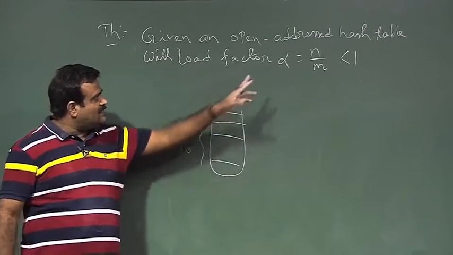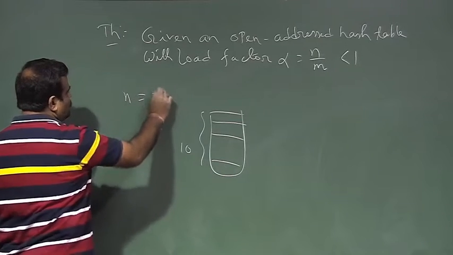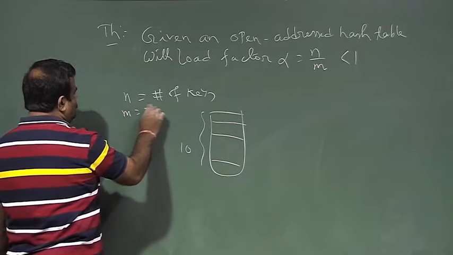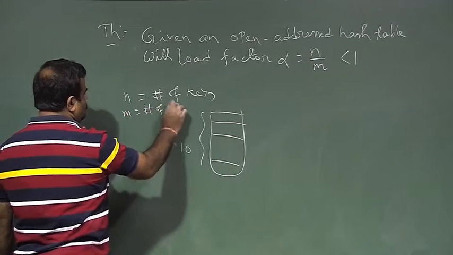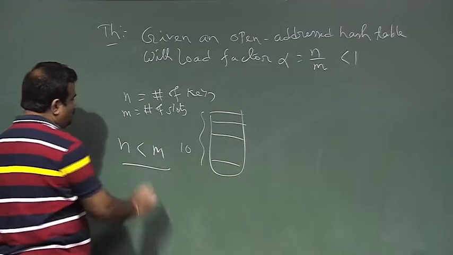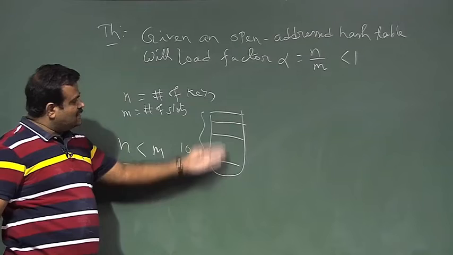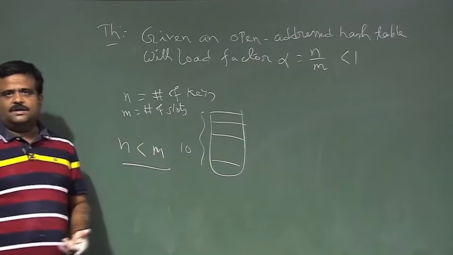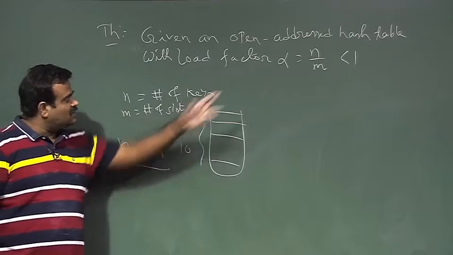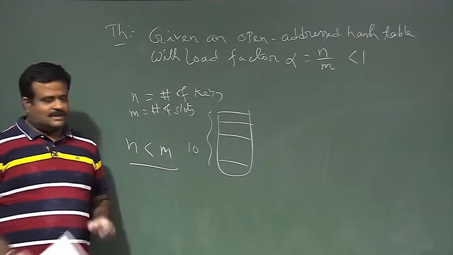So that assumption is mandatory. n is the number of keys and m is the number of slots, so n has to be less than m, otherwise we cannot fit the keys in the table by probing.